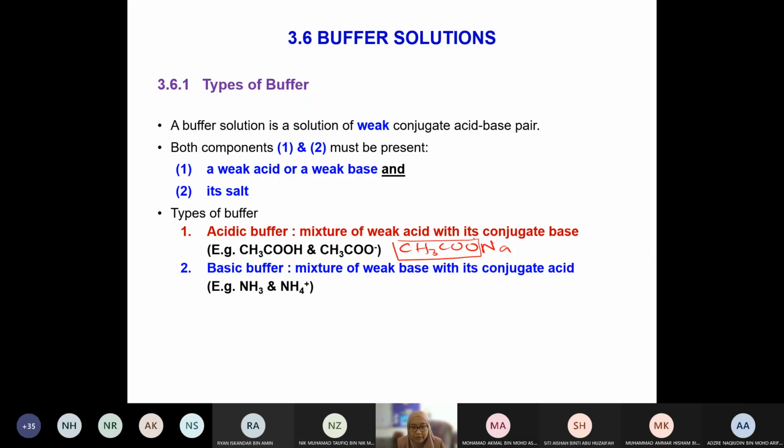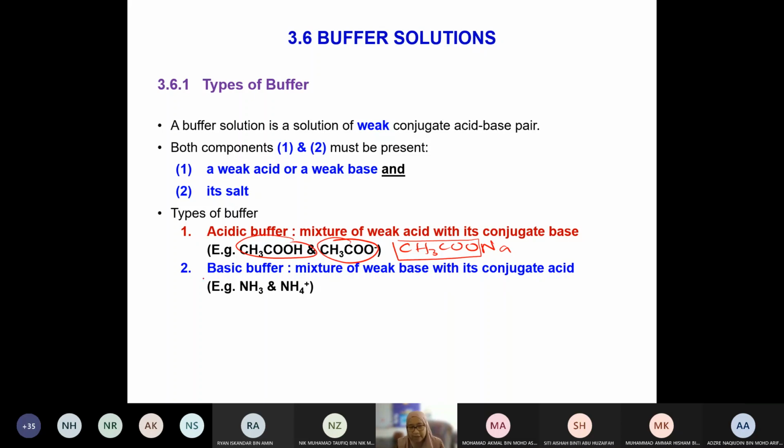The conjugate base comes from the salt: when we dissociate the salt, we will produce this conjugate base. This conjugate base or salt must be related to the acid. It cannot be acetic acid and suddenly NH4+, which has no relation. There must be an interrelation between the acid and the salt, the conjugate.